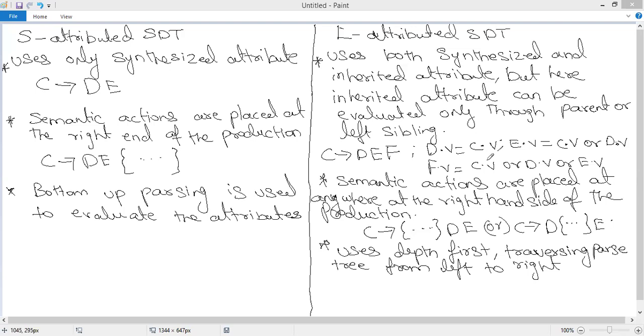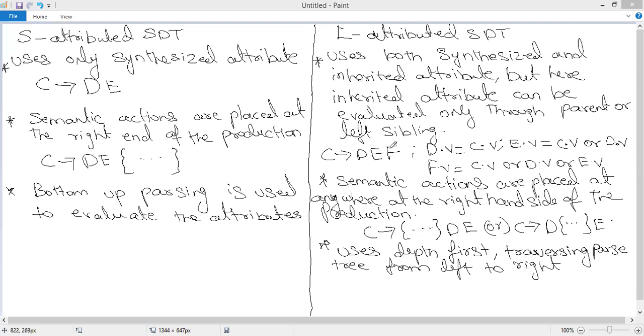Next is E dot V. It can be evaluated with the help of the parent node, C dot V, or the left sibling, that is D dot V.